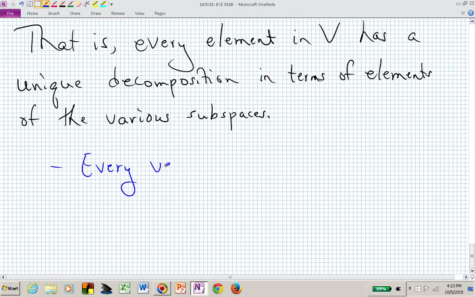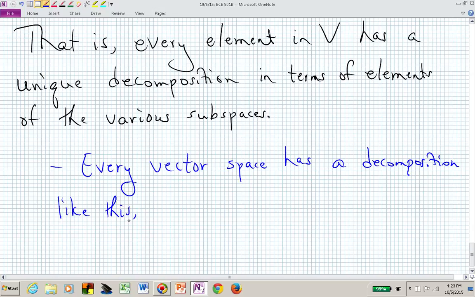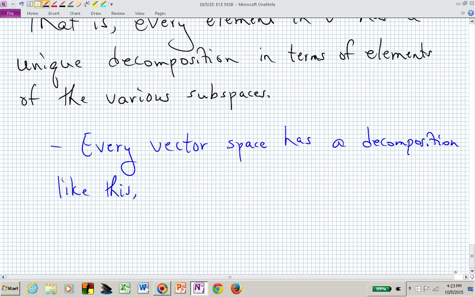Every vector space, or what we can then also make a comment of, is that every vector space has a decomposition like this, or a direct sum decomposition.